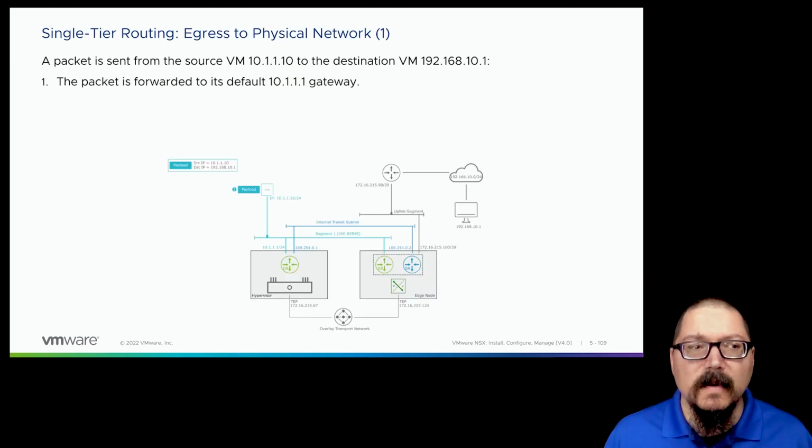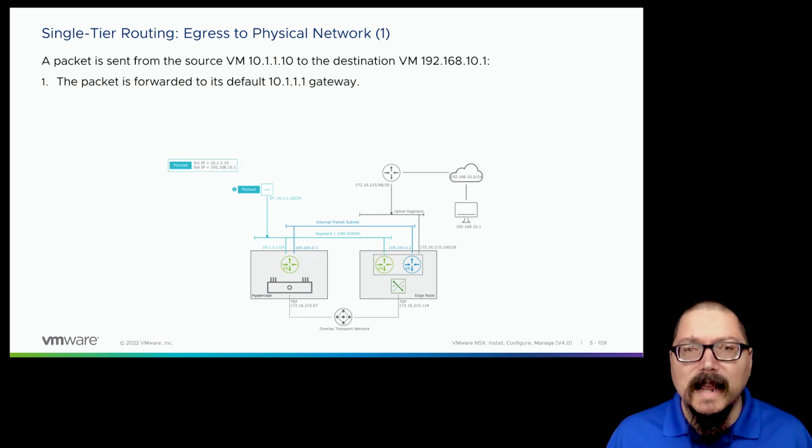So we want to set the stage. We want to talk about the scenario for a second before we dive all the way into the packet walk. Now, I have a virtual machine. The virtual machine has an IP address of 10.1.1.10, and the virtual machine is attached to an overlay segment. So the virtual machine is inside of NSX.